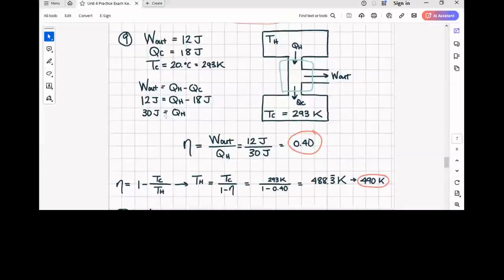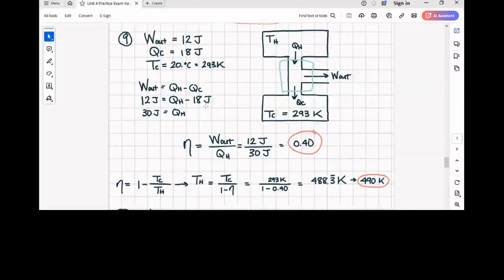The difference between the output work and the exhaust heat is going to be 12 joules minus negative 18 joules, so 12 plus 18, in other words, you get 30 joules of energy. So you put in 30 joules of energy. This process is going to create 18 joules of exhaust, but the leftover work is now being output so that you can harness that for maybe an additional job.